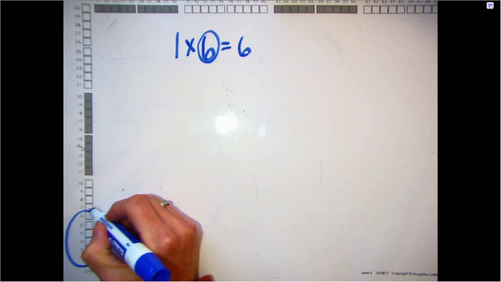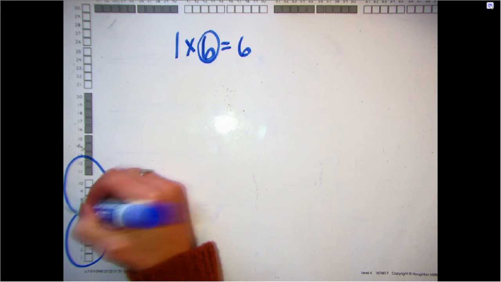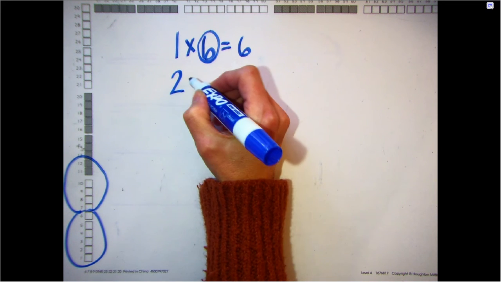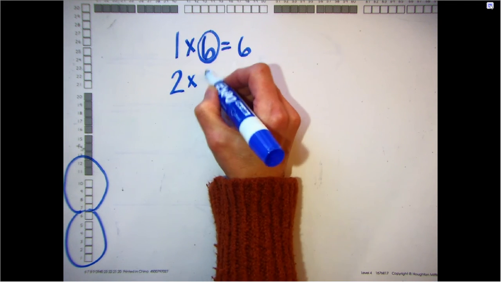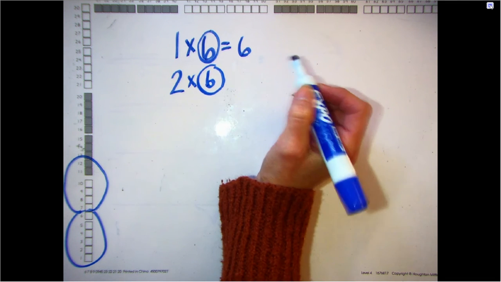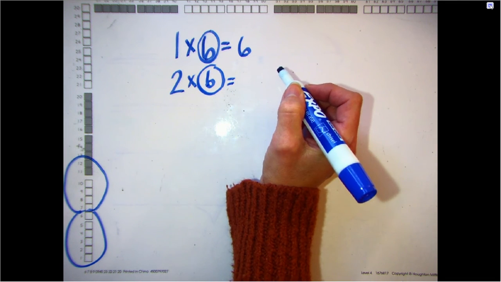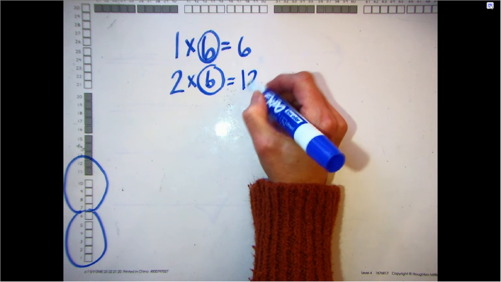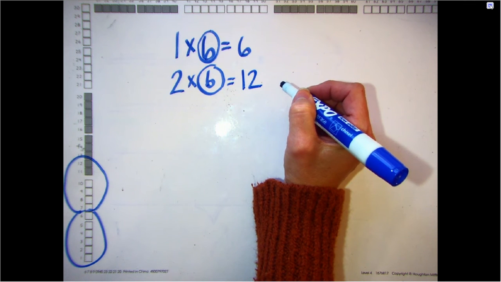My next group of 6, which will be my second, right? 2 groups of 6, because I'm counting by 6, that's just the double. 6 plus 6 more, right, is 12.